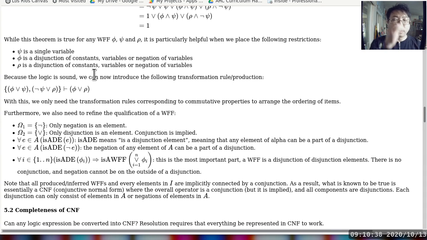So each component cannot be, I have to find the right word, there's no conjunction for sure, because conjunction is not even in omega. And at the same time, it cannot be the negation of an or, because it has to be either something from alpha or the negation thereof.